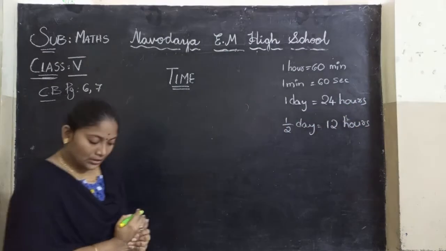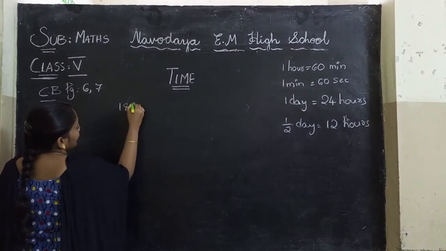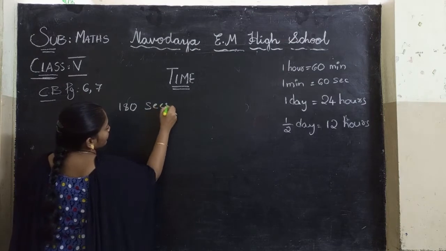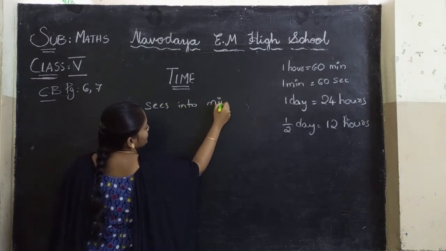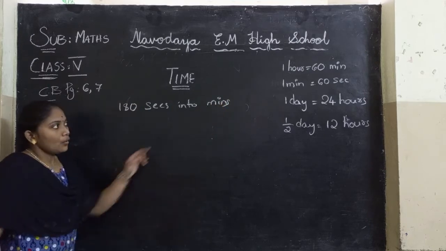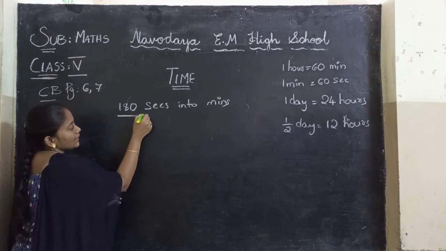Let's see the first one. We have to write 180 seconds into minutes. 1 minute having 60 seconds. So 3 minutes, for example.